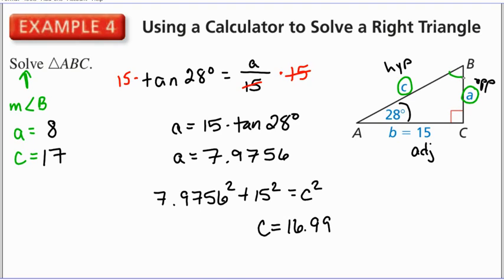So the remaining angle needs to be big enough so that the three angles add up to 180. Really, all I'm going to do is 90 minus 28 degrees, and that's going to be 62. So the measure of angle B is going to be 62 degrees.